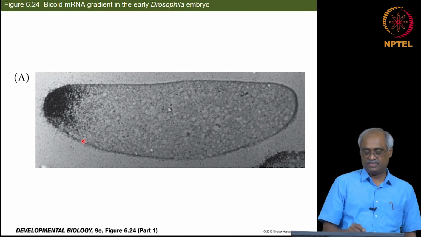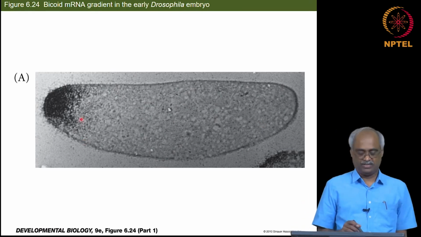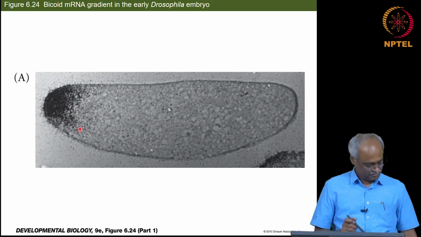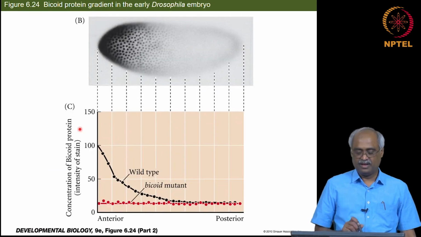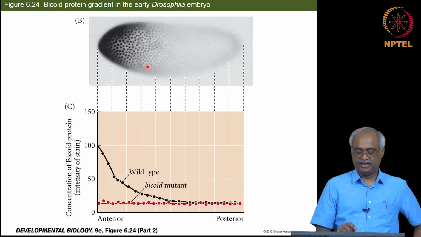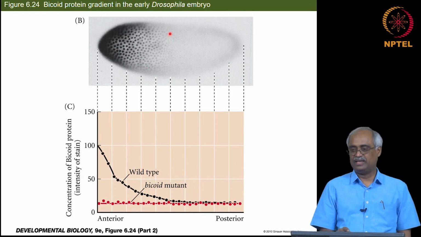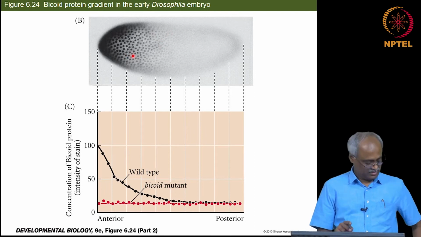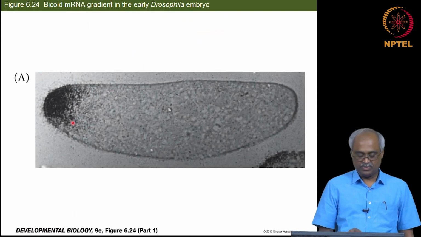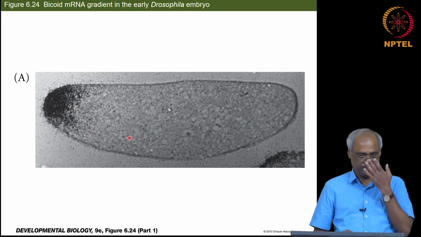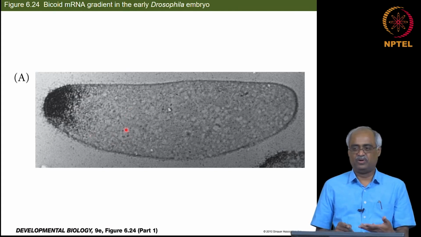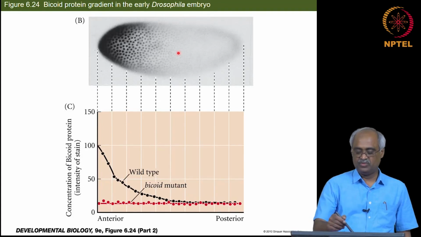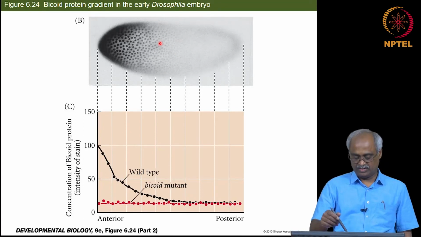So, this shows an in situ hybridization for bicoid mRNA and then you see this gradient here. Okay. And this is bicoid protein and this forms a shallow gradient, which people believe is because some amount of RNA that is here, even as they get in, is already poised for translation, and therefore in a very short time you get this gradient of bicoid formed.